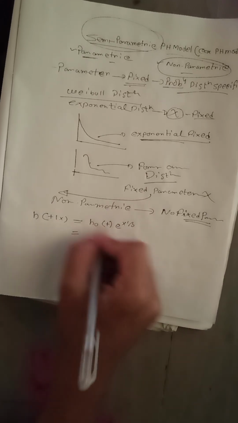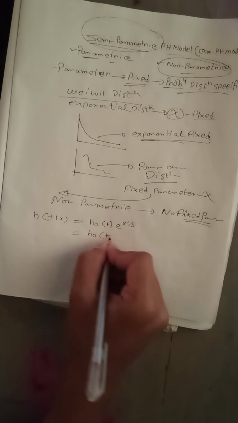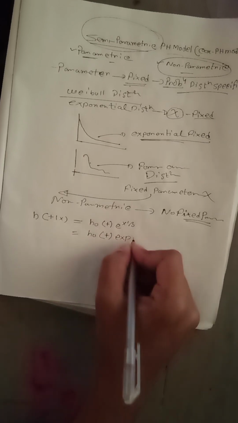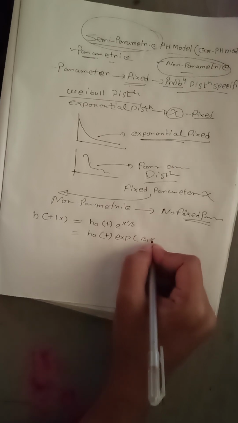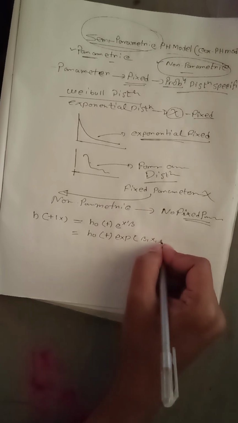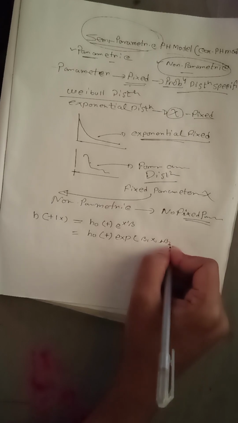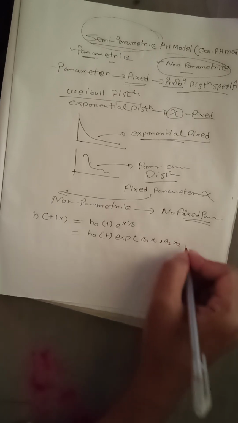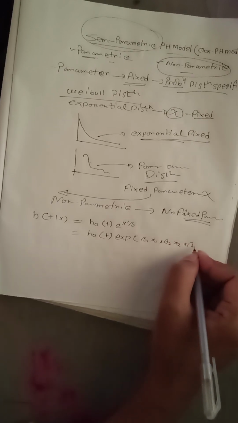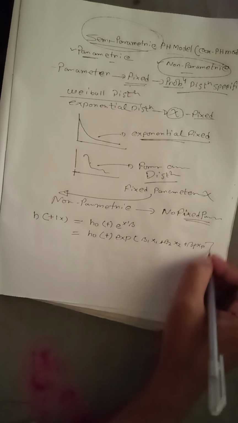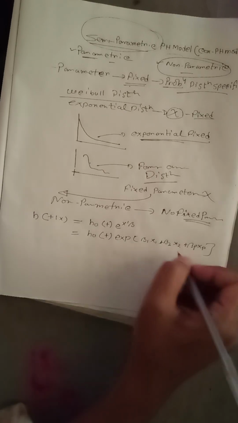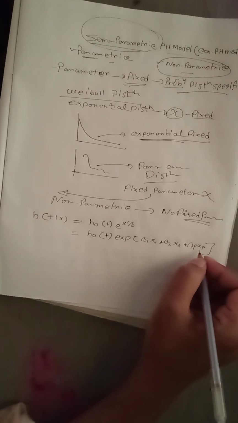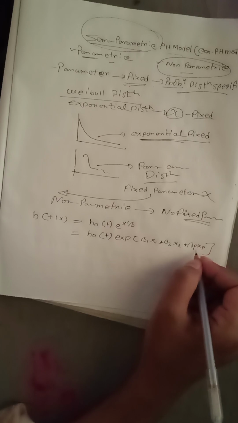If you want to expand this one, h naught of t times exp of beta 1 x1 plus beta 2 x2 up to beta p xp. Here we have p variates, so we go up to p.